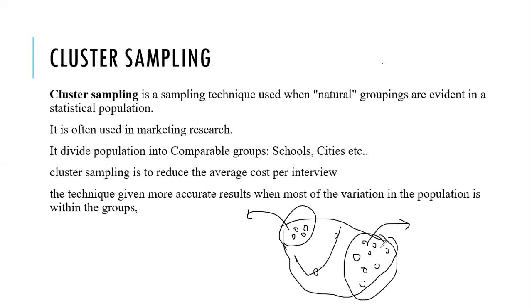Okay, so in cluster sampling, we select in what? Natural groupings, or what we call clusters. So we say it's a sampling technique used when there are natural groupings, and the natural groupings are so evident in the population. Good. Now, the next thing we need to know is we usually use them in marketing research.